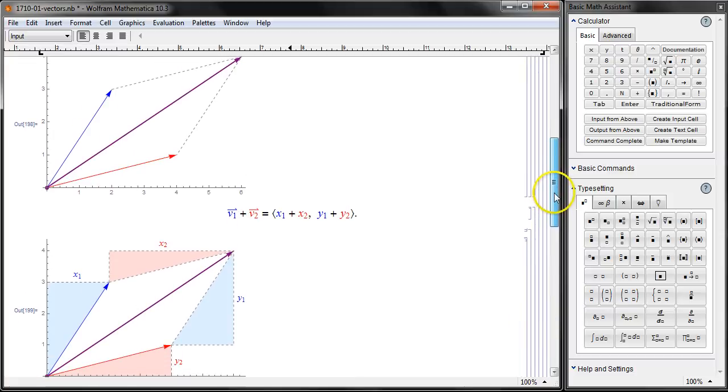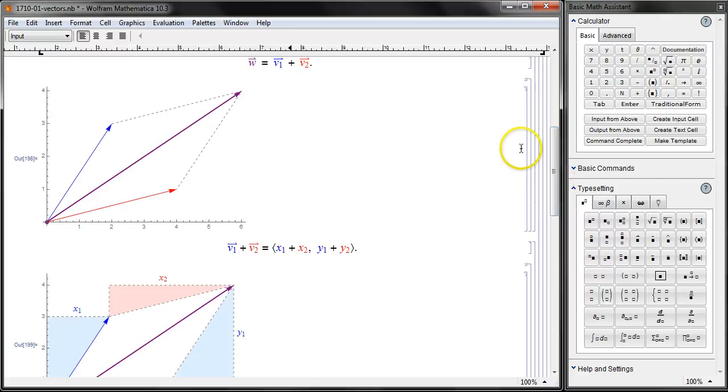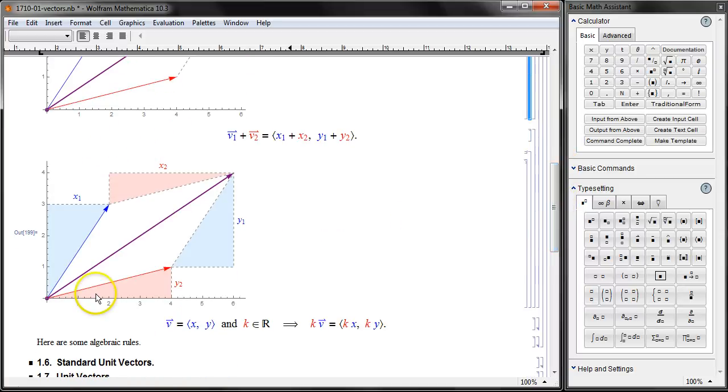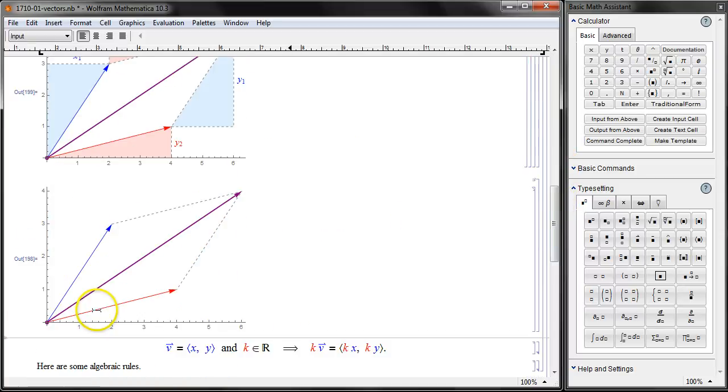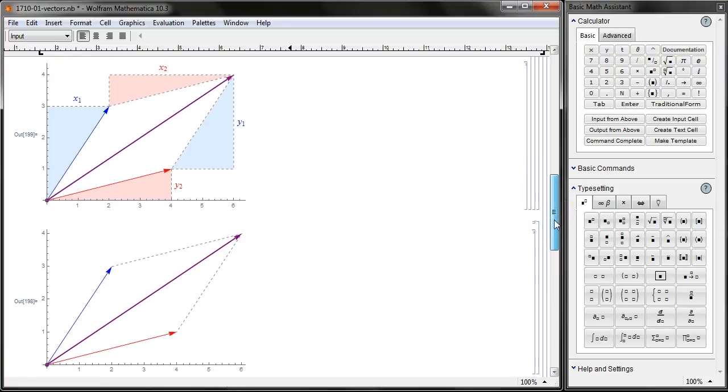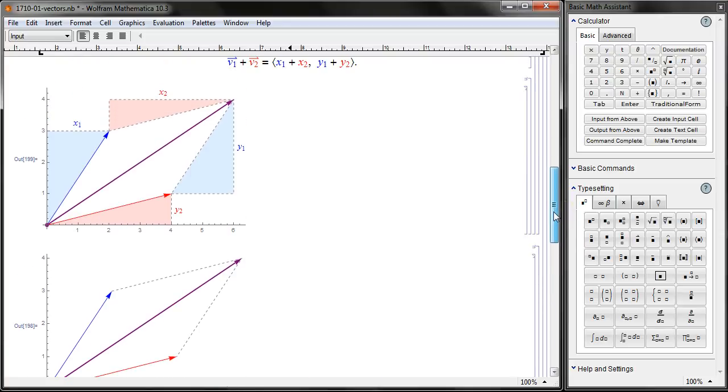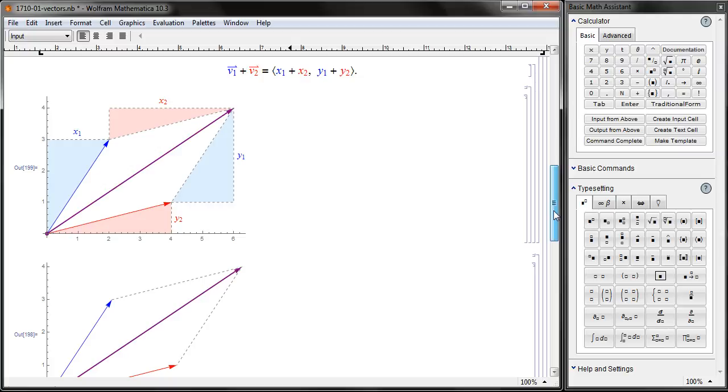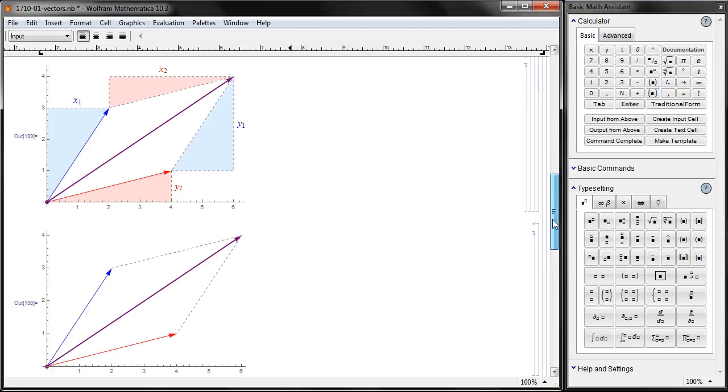Let me see if I can put these two in the same viewing window. Excuse me, let me copy and paste it down here. Okay, so that's v1 plus v2 in component form, and v1 is blue, v2 is red.